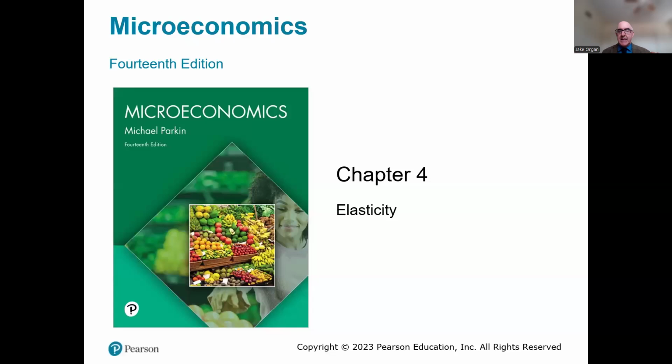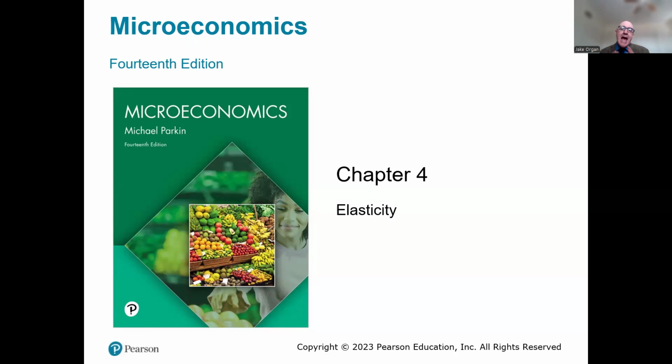I'm going to try and keep these brief because if videos become too long and too intricate, they can get a bit confusing. So let me dive in on this topic, which, as you'll see, is elasticity. Fundamentally, what is elasticity? As we know, as price goes up, quantity demanded goes down.